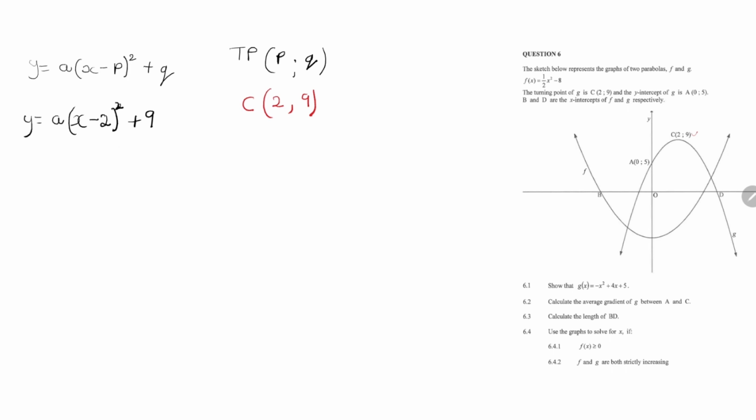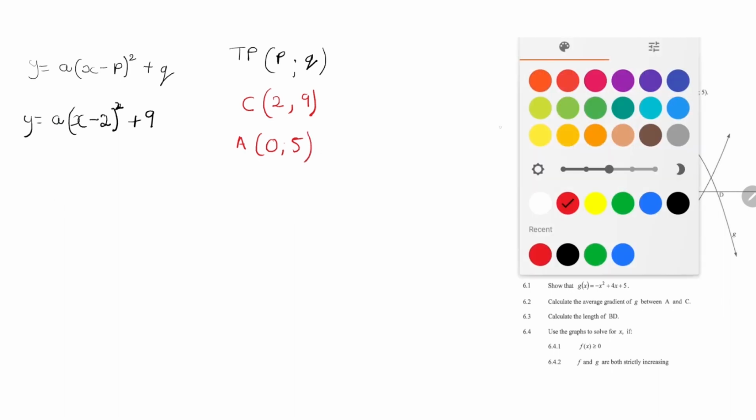So where do we go from here? Do we have more information to help us identify the equation of g? Yes, we also have the y-intercept of g, which is at A, that is (0, 5). So we can use this coordinate to get the value of a. Let us try and do that.